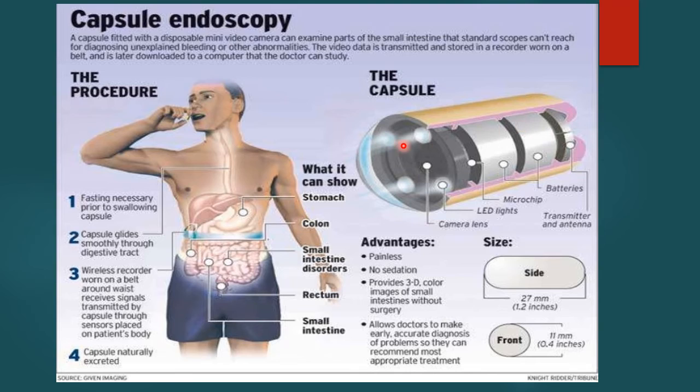So this capsule traverses the length of the gastrointestinal tract from mouth to anus, and as it does so, it takes pictures and videos. These images are transmitted through this antenna to the external recording devices which are strapped to the patient.